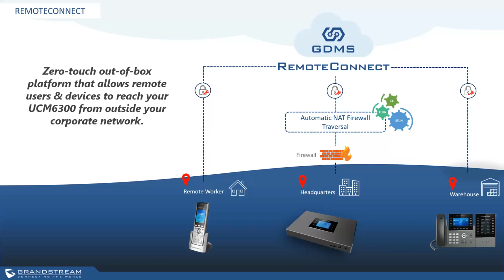And when we go through the configuration of the IP phones, you would notice that we must enable TLS for the phones to register to GDMS RemoteConnect. So this is a very secure solution. It makes it easier to deploy devices, so you don't have to go to the firewall router and mess up with the rules, especially in cases where you deploy the UCM but you don't have access to the networking devices because it's managed by a different person or different company.